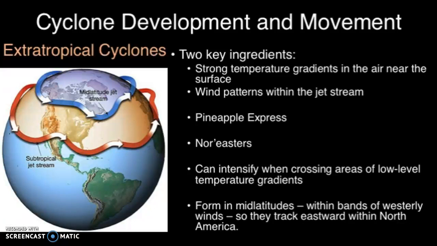Okay. So predicting the formation and the transition of these extratropical cyclones is pretty complicated overall. One of the reasons for this is that the strengthening of them can happen as fast as 12 to 24 hours. That's pretty fast.